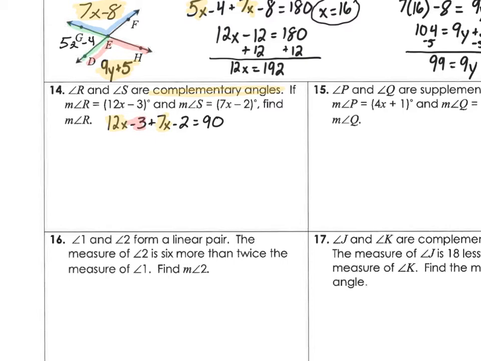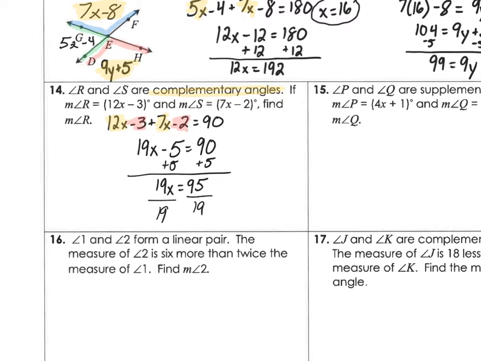These numbers go with this number. 12 plus 7 is, okay, good, okay, okay, divided by 19, right? X equals, good. Is that our final answer?